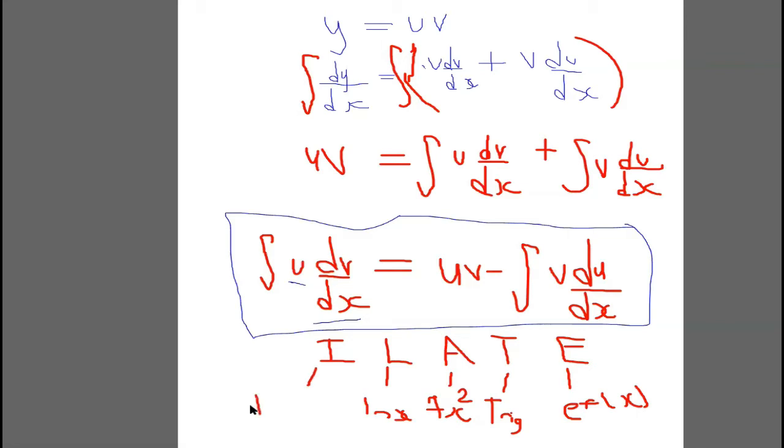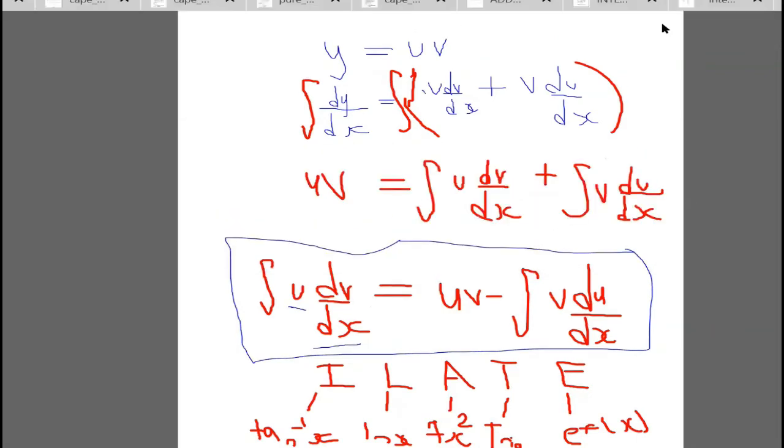When you see your tan inverse or your sine inverse, that's your I. With the LIATE rule, to choose our u, we start with these functions first. So I comes before L, A comes before T, T comes before E. Now we're going to use the LIATE rule with by-parts to do some questions, and you'll see a clearer picture of what we are talking about.